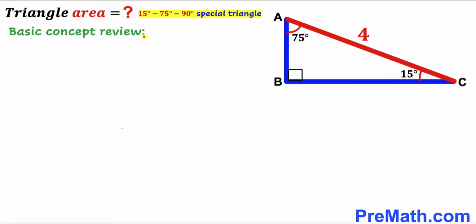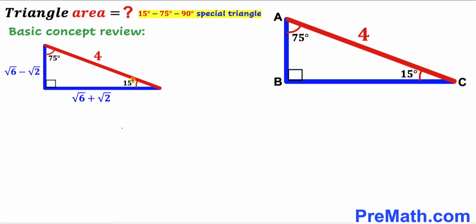Before we proceed any further, let me go over the basic concepts. Now let's consider this special 15, 75, 90 degrees triangle. Here the hypotenuse is 4 units, whereas these two legs are square root of 6 plus square root of 2, and square root of 6 minus square root of 2. We can see that this leg is larger than this leg.